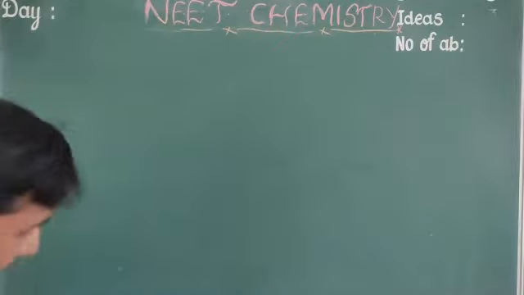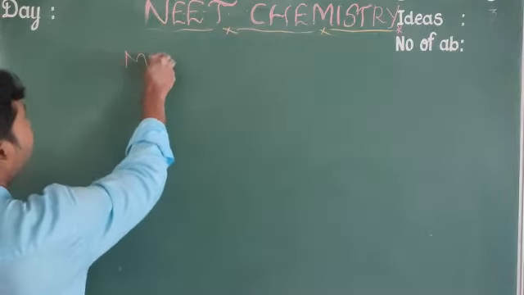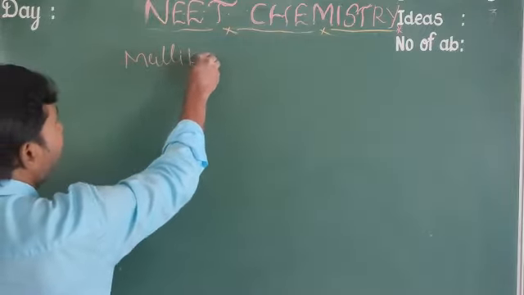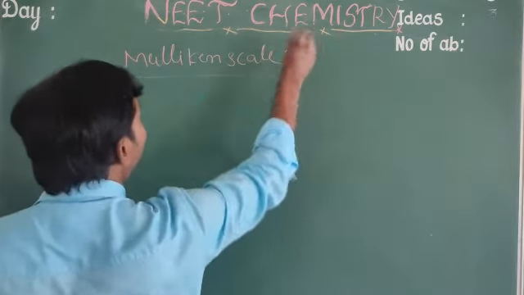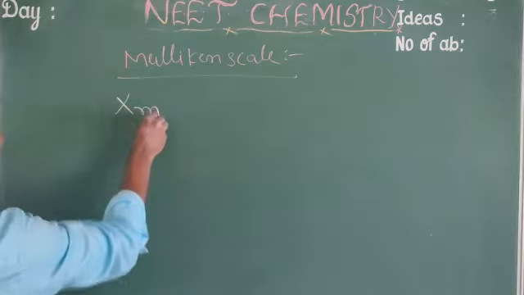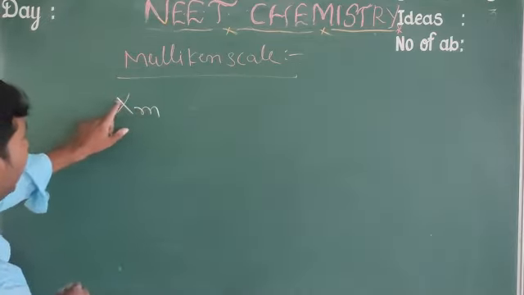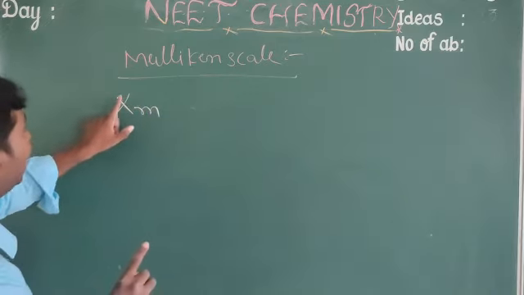Next one, Mulliken scale. XM, electronegativity of Mulliken. X means electronegativity, M means Mulliken.